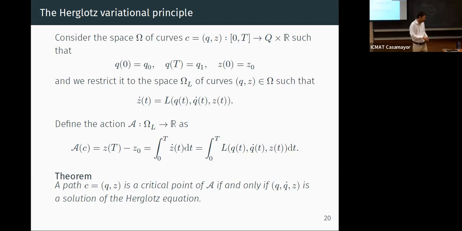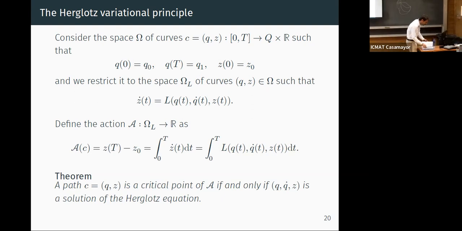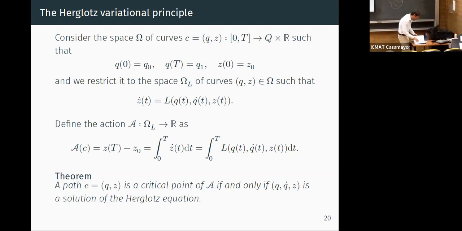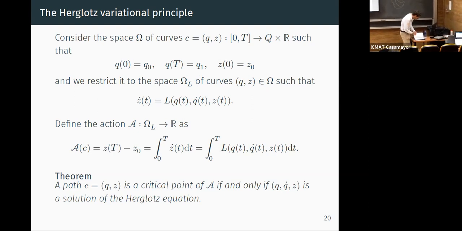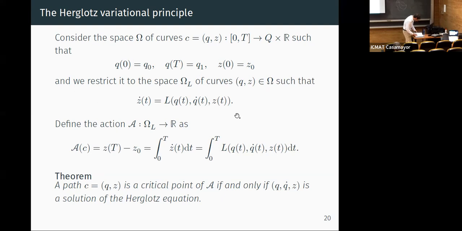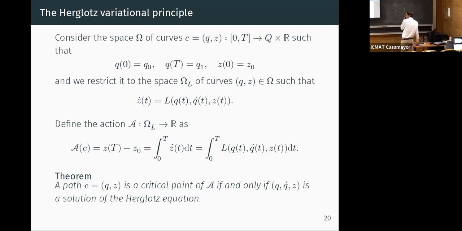Maybe it's written in another way in the thesis, in chapter 3. In chapter 3, you can write this as a principle for curves only in Q, if you prefer that.